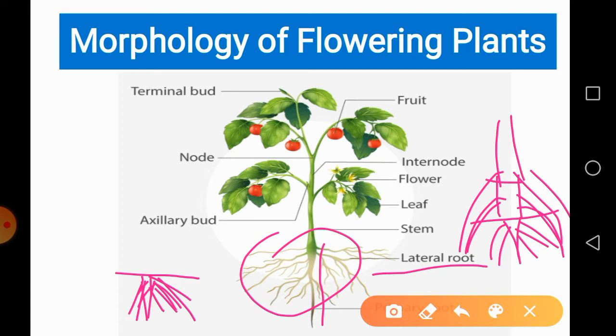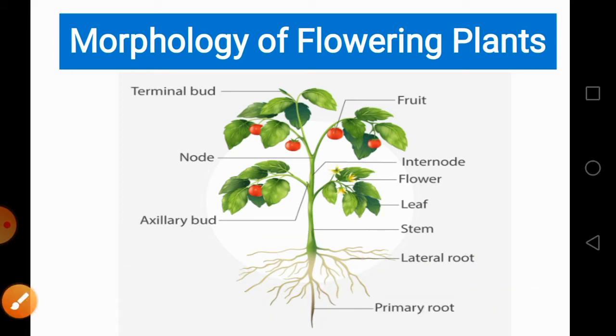The next point is the shoot system, another essential part of the plant, which bears branches, leaves, flowers, fruits, etc. This part also helps in the conduction of minerals and water upwards to all plant parts.